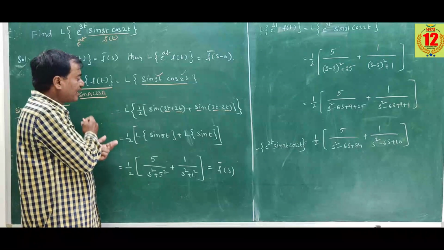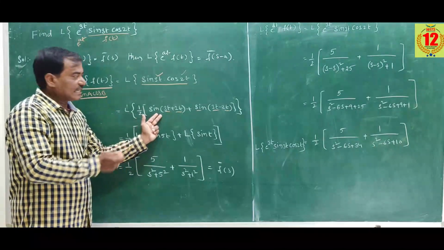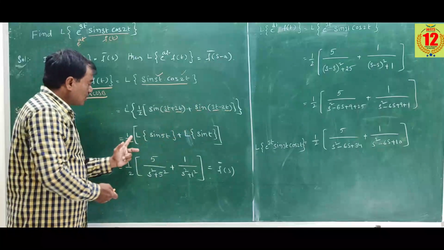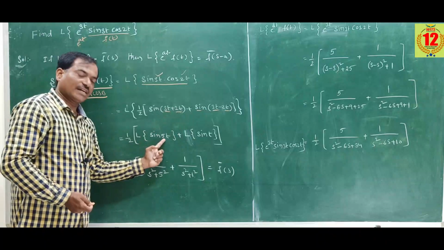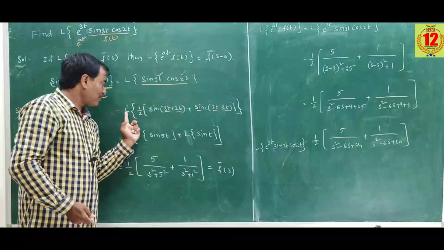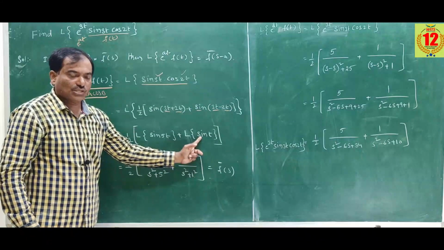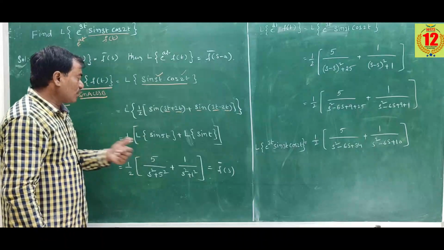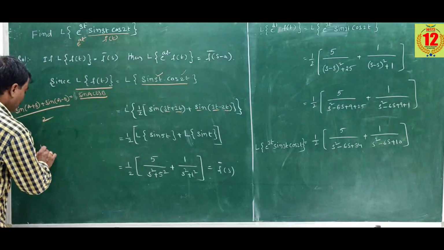By the linearity property, we shift 1 by 2 outside the operator. Then we apply the Laplace transform to each and every sine function. So the Laplace transform of sin 5t plus the Laplace transform of sin t, since 3t minus 2t equal to t. Now we have to find the Laplace transform of sin 5t. What is the formula here?